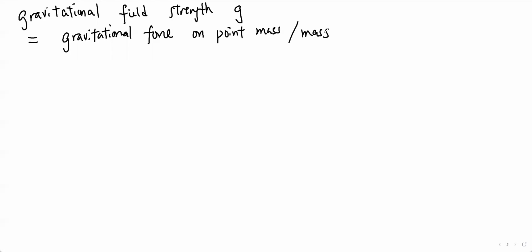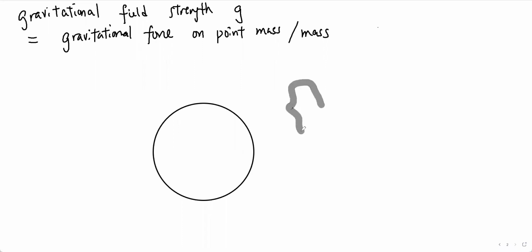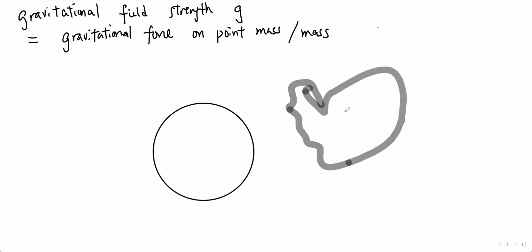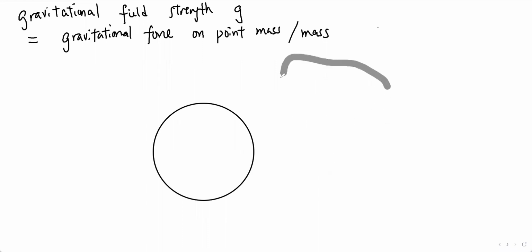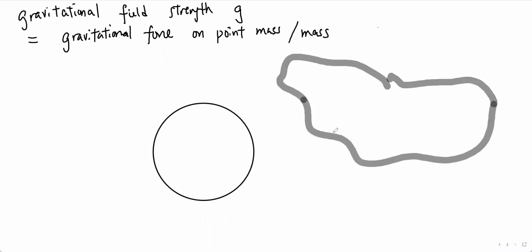I'll explain now. So let's say this is the Earth. There's an alien spaceship, okay? You can see that this alien spaceship is quite large.